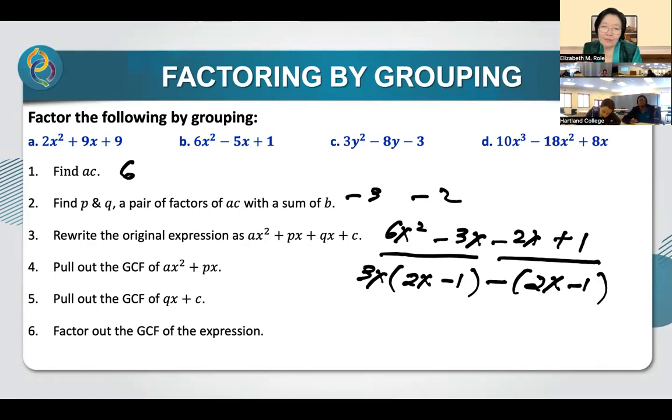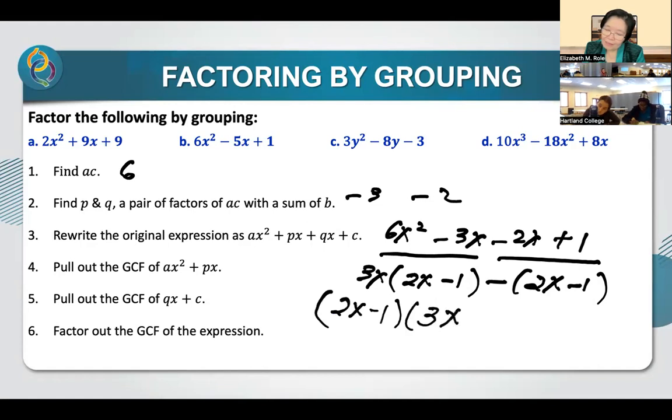So you have 2x minus 1 as one of the factors, and the other one will be 3x minus 1. If you interchange the position, you can have 3x minus 1 times 2x minus 1, which is just the same.